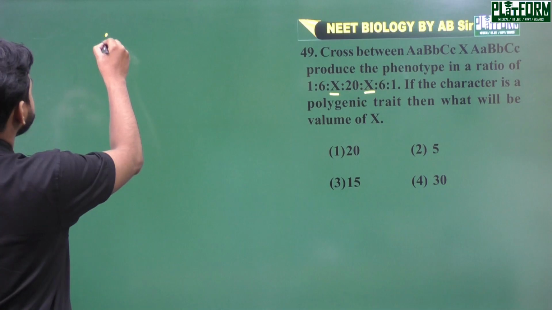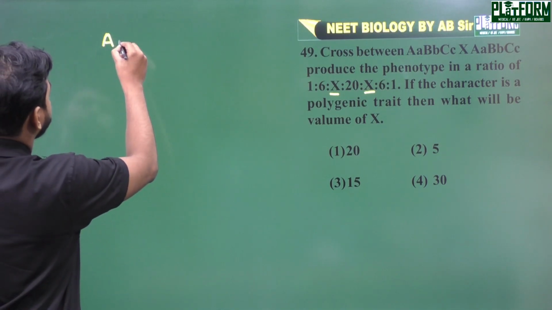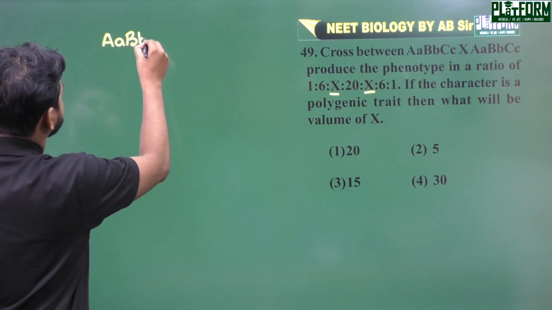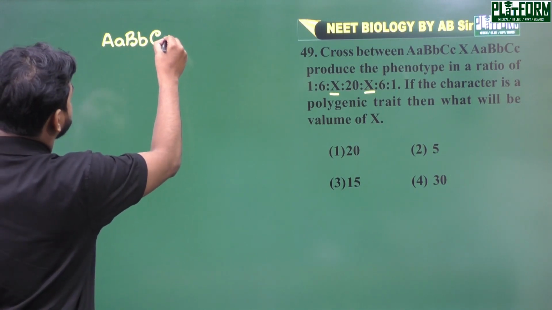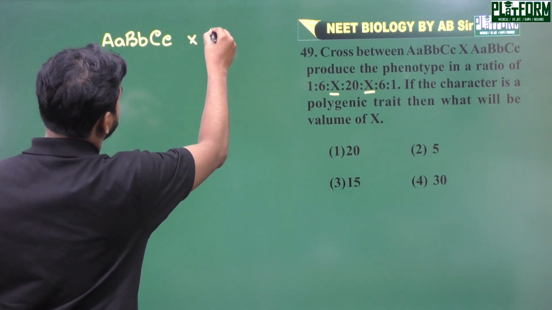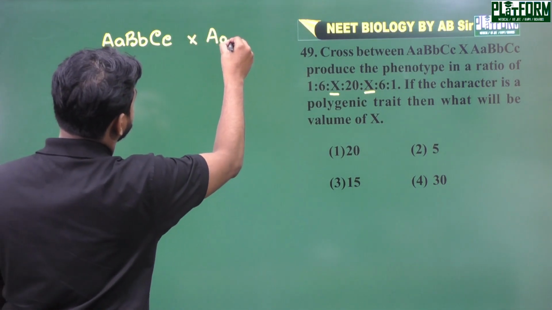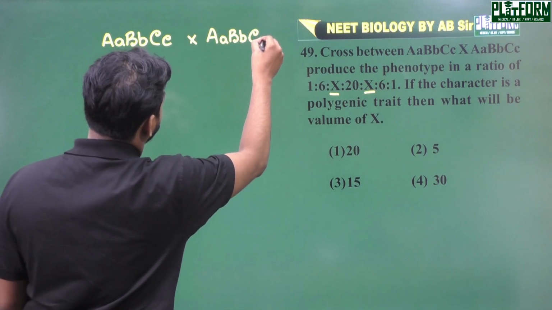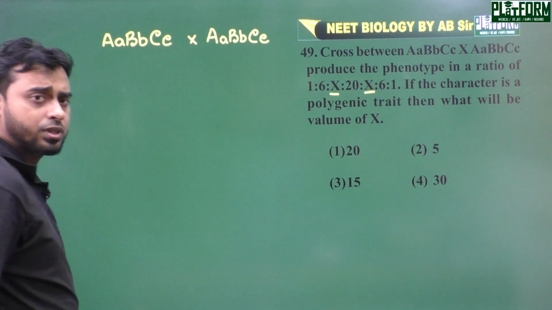Now the first parent is capital A, capital B small b, capital C small c, which is crossed with another capital A, capital B small b, capital C small c.